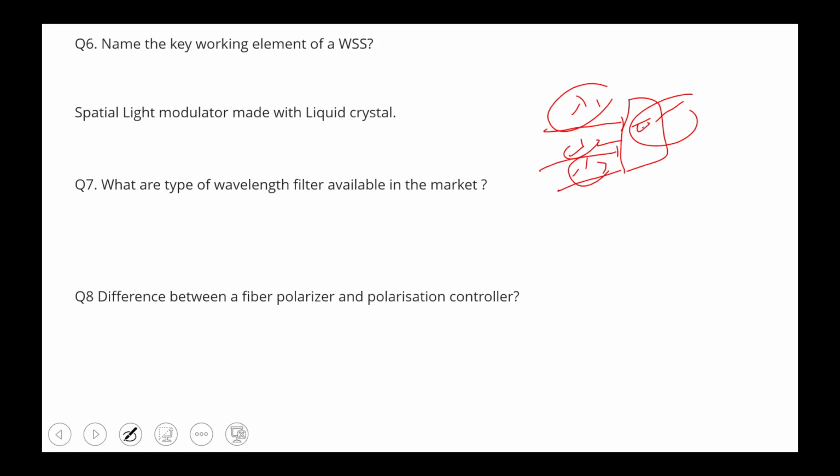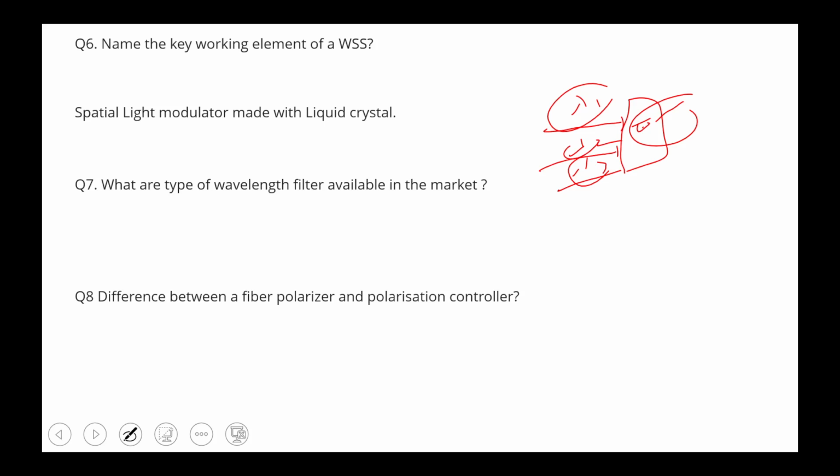Suppose in an optical signal we have the whole spectrum of light coming through the fiber, from the visible or UV to the IR region, say from 200 nanometers to 1,120 nanometers. The laser signal contains all the wavelength components of that spectrum, and you want to select a particular wavelength.